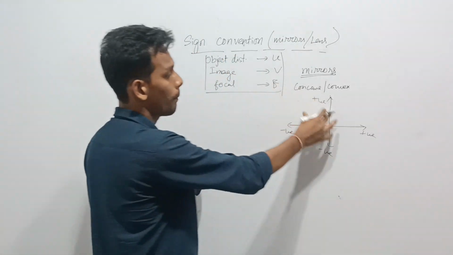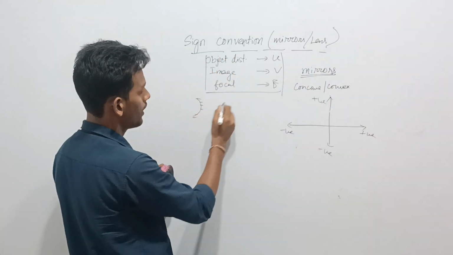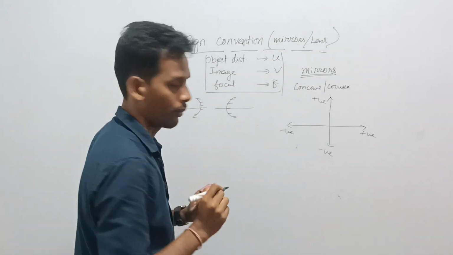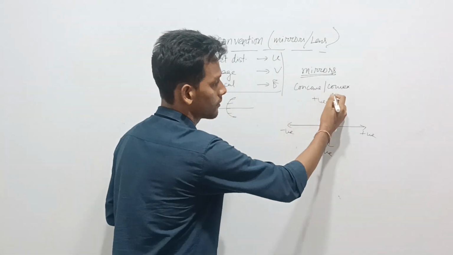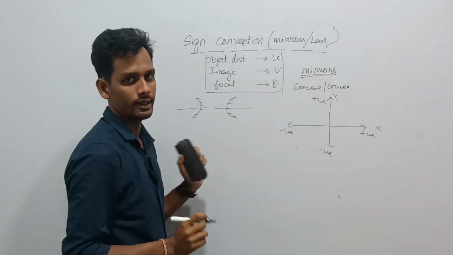If you compare this with the mirrors, suppose this is a concave mirror and this is a convex mirror. These are the principal axis. Now the mirror you can compare as the y-axis, and the principal axis you can compare as the x-axis.